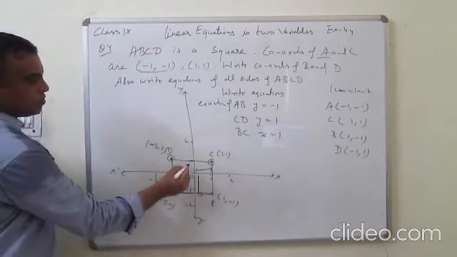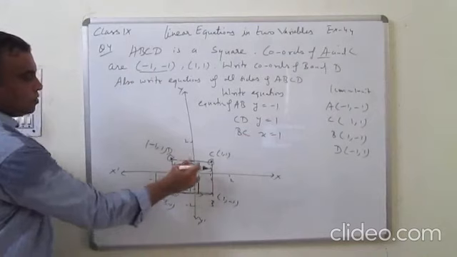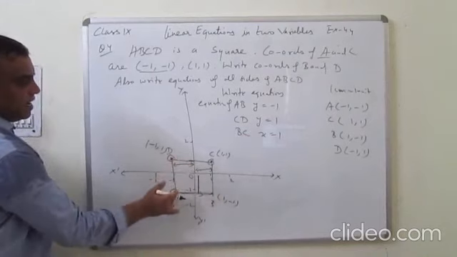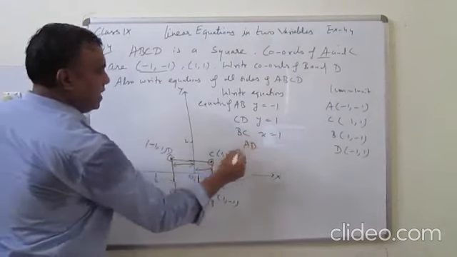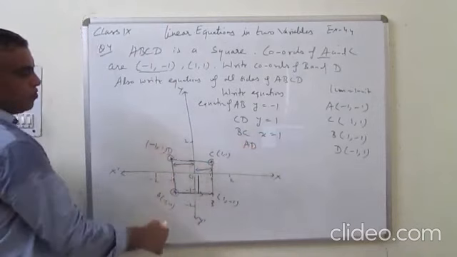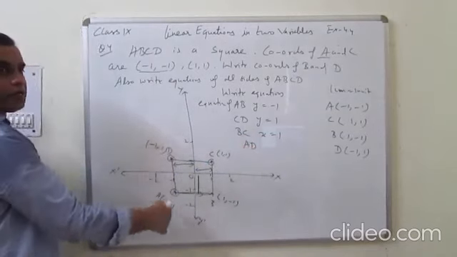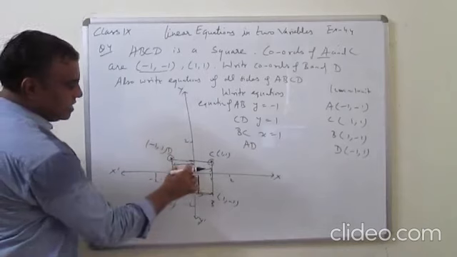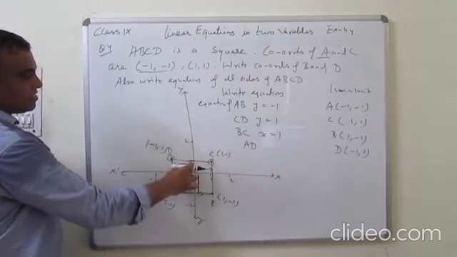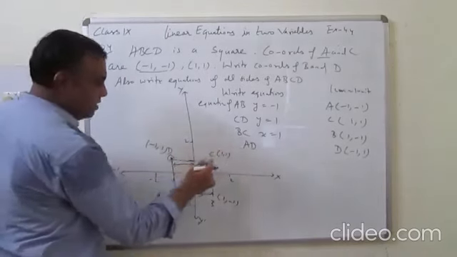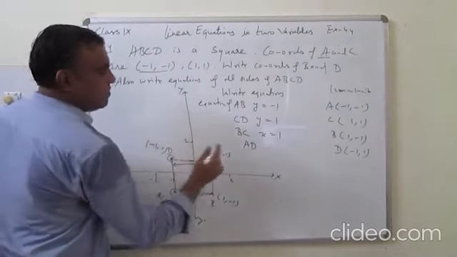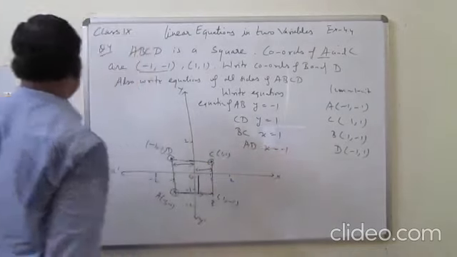And the equation of AD? It is also parallel to y axis, and the distance from the y axis is 1, in the left direction, so x is equal to -1.